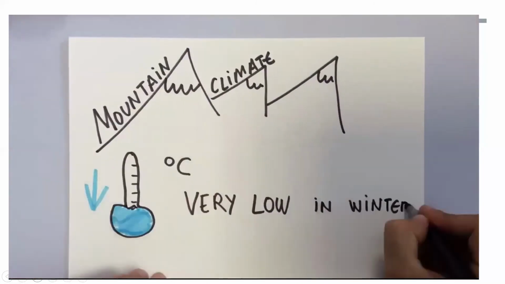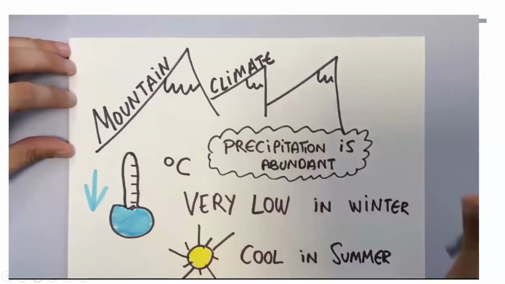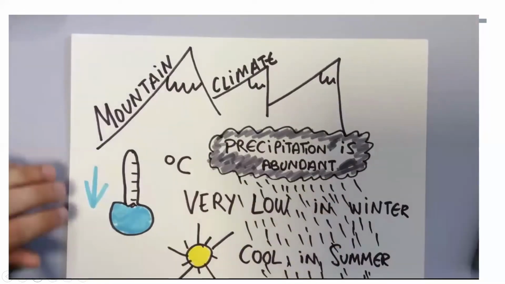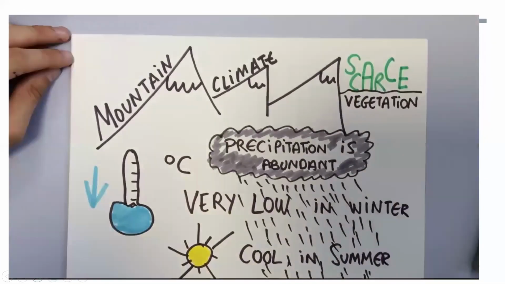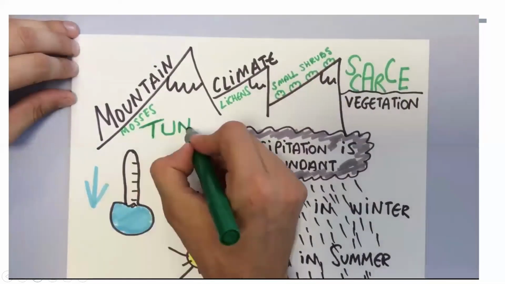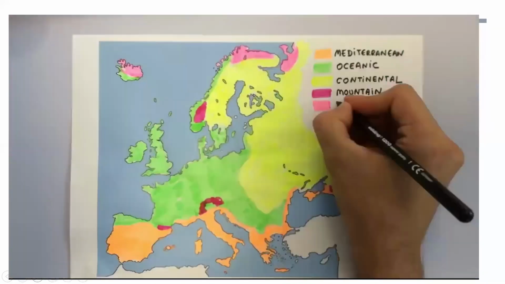It's very cold in mountain climate, very, very cold in winter, and in summer it's not very warm. And you can even talk afterwards, you can do activities in which the students will have to compare the climate in mountain places and the climate in Mediterranean places. So there are so many things you can do just by watching the video or after watching the video.